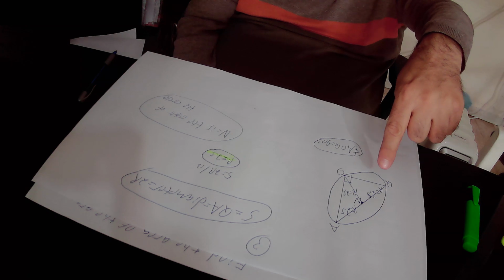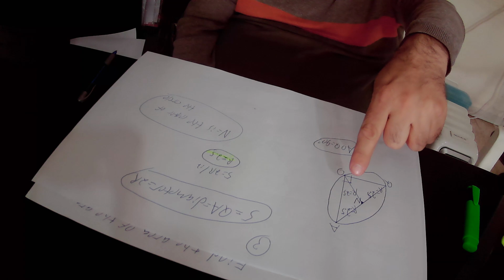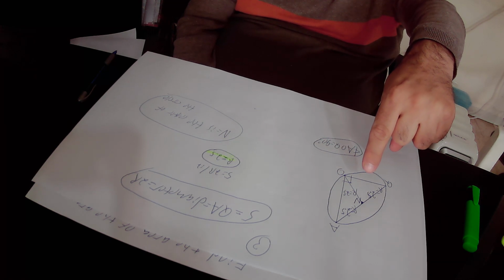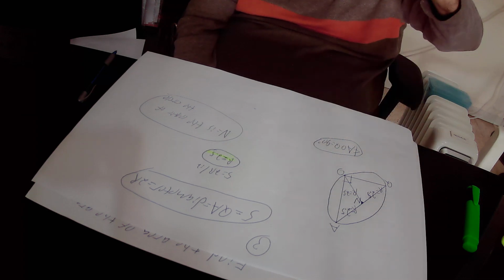The first half is QN, equal to 2.5, and the second half is NA, also equal to 2.5 units. Therefore, point N must be the center of the circle.